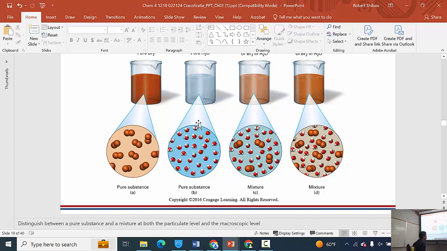Just because it's homogeneous, you can't tell if it's pure or a mixture. This mixture at the macroscopic level looks homogeneous. At the particulate level, you can see it's heterogeneous. There are two different types of particles here. So at the macroscopic level it's homogeneous, at the particulate level heterogeneous. Well, all these will look homogeneous, and these will be homogeneous at both the particulate level and the macroscopic level.